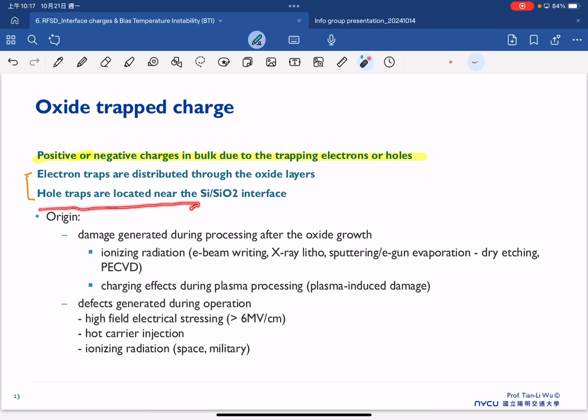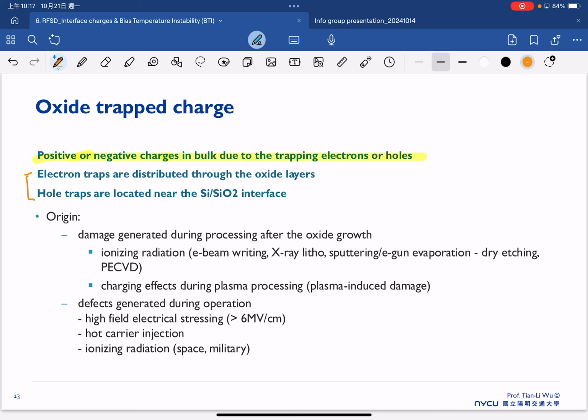But of course, this is purely based on silicon knowledge. Nowadays, we do see electron and hole traps inside the bulk oxide, but it doesn't mean that electrons and holes are always in the positions mentioned here.